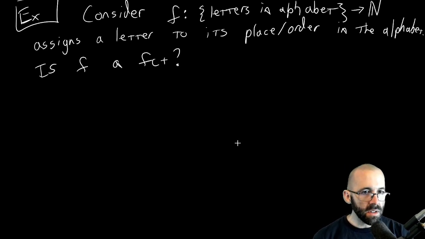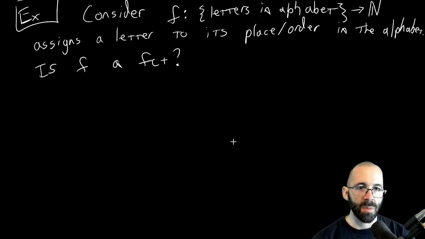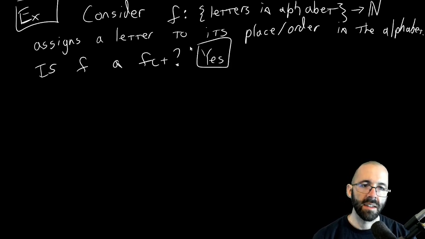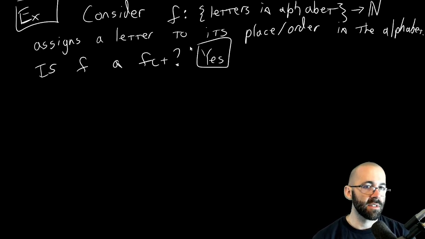Does every input only go to one place? If A were to go to 1 and 5, for example, then it wouldn't be a function. But yes, here, it's a function. All right. Is it surjective? No. Because what's the range?